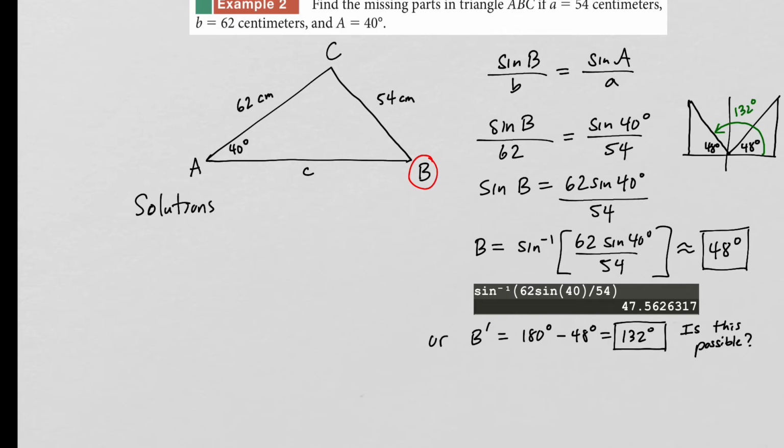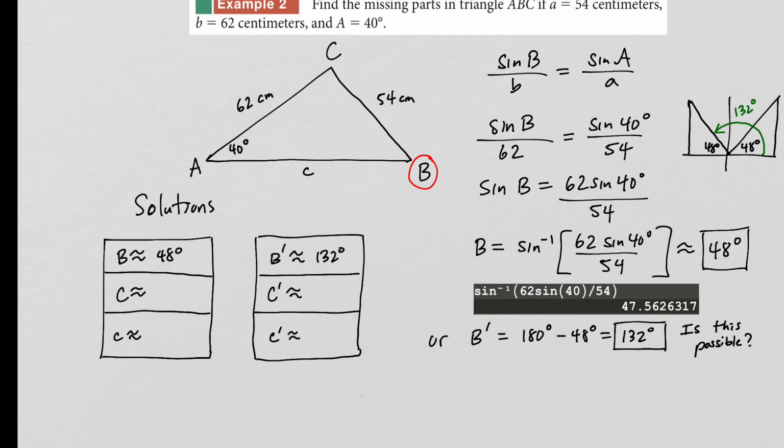And so what I'm going to do is make two possible solution boxes. In the first solution box, I have the first possibility, which was angle B could be 48 degrees. And in my second solution box, my other possibility is angle B could be 132 degrees. To distinguish between these two solutions, I call the second one B prime.